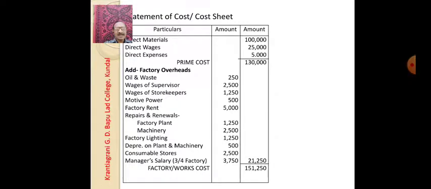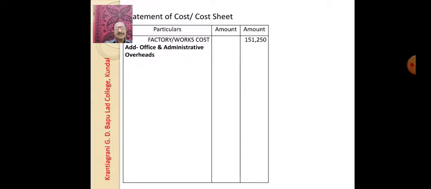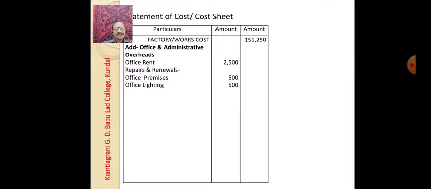Then we will add office and administrative overheads. The expenses which are part of office and administrative overheads are: first one, office rent rupees 2,500. Repairs and renewals of office premises rupees 500. Office lighting rupees 500.